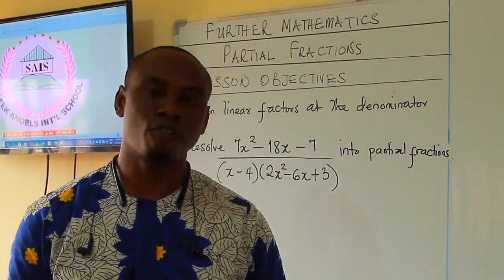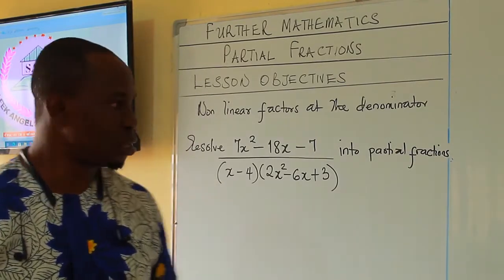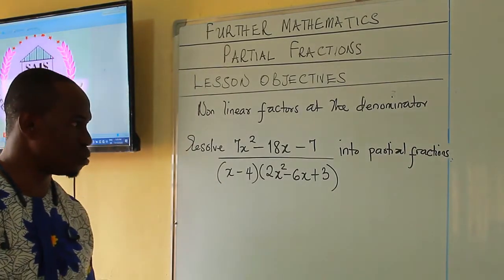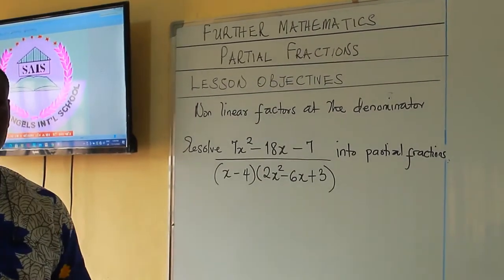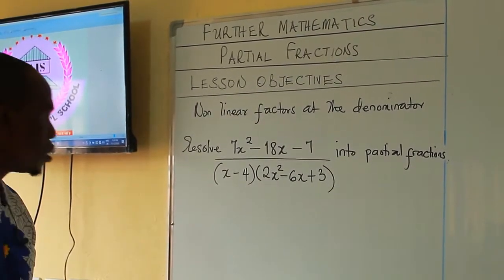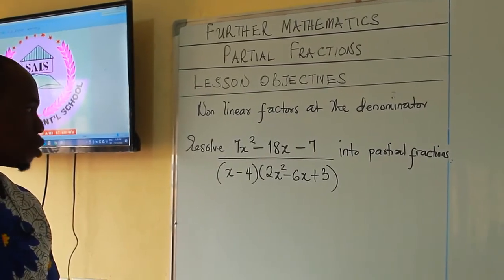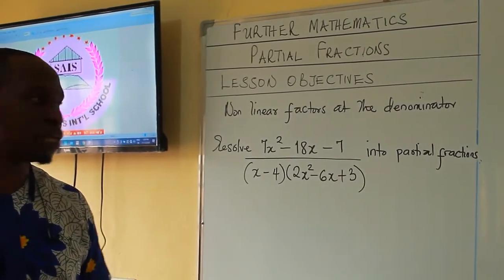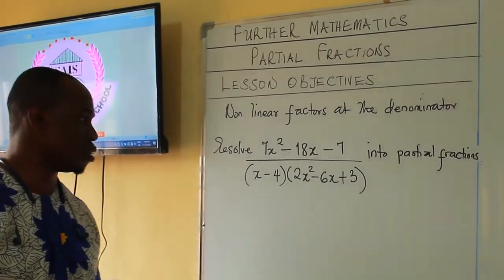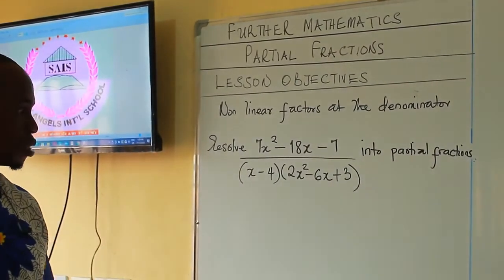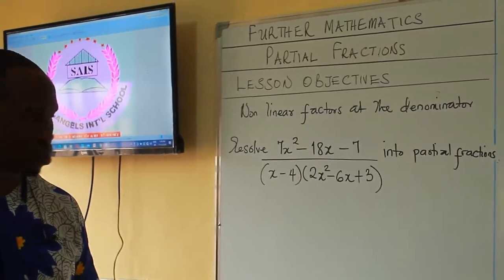The second type of partial fraction is the non-linear factors at the denominator. Now, if you look at the second question, it says, resolve 7x squared minus 18x minus 7 all over x minus 4, 2x squared minus 6x plus 3 into partial fractions.